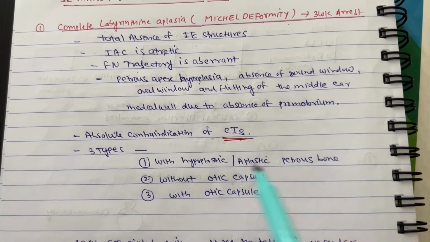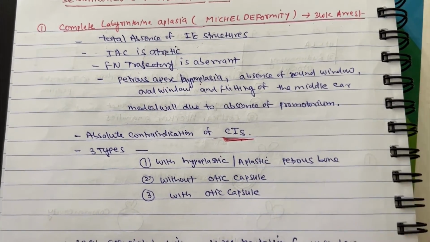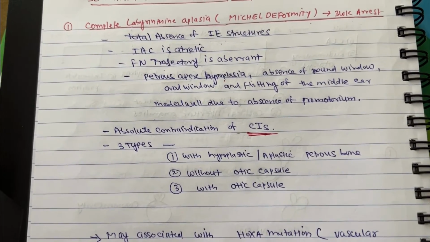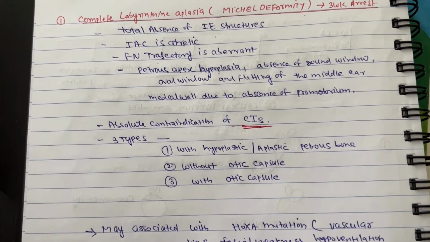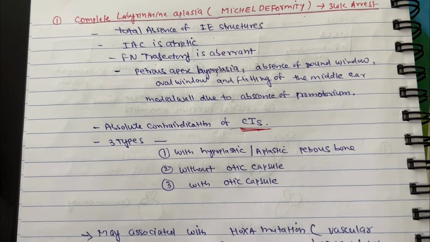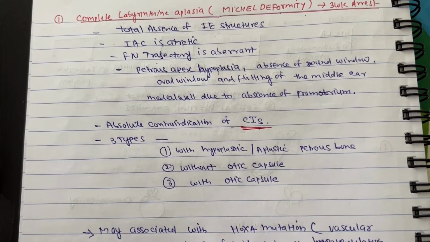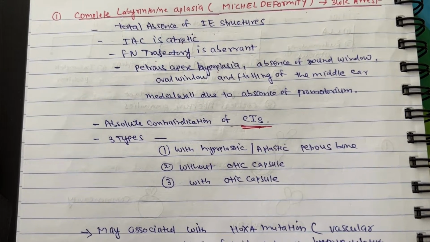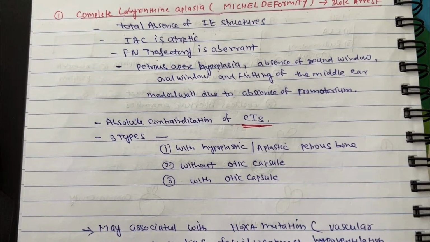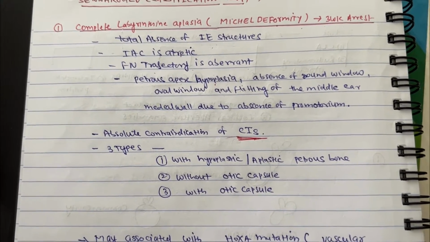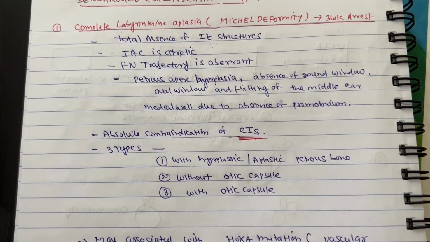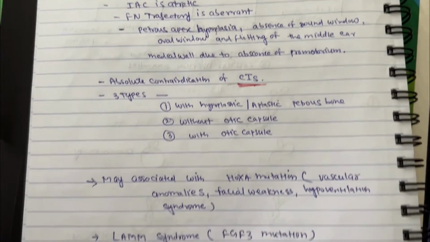I put the CT scan after this so that you can know which type of cochleovestibular malformation is there. Complete labyrinthine aplasia is of 3 types: with hypoplastic or aplastic petrous bone, without otic capsule, where the otic capsule is absent, and with otic capsule. It is an absolute contraindication of cochlear implant.